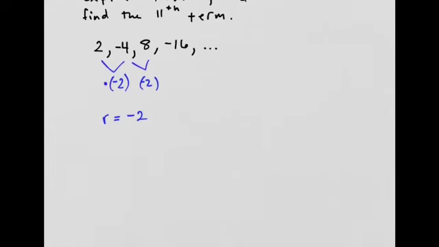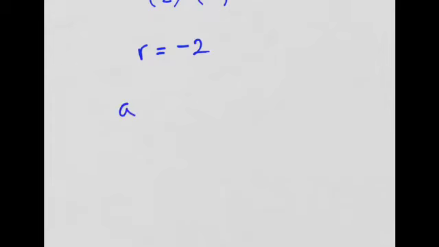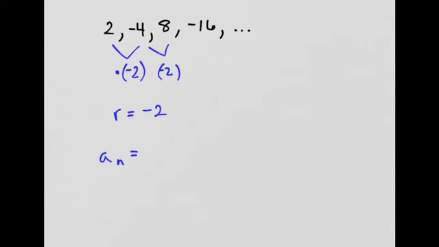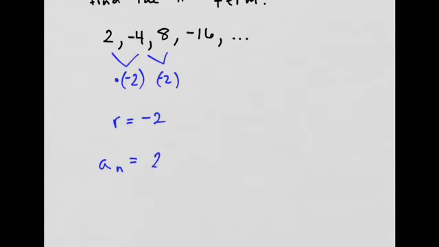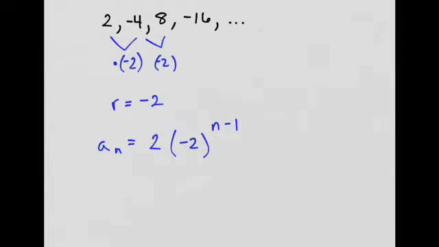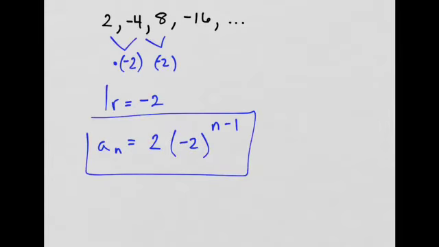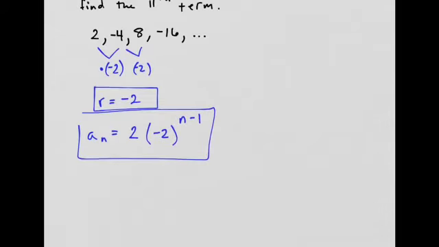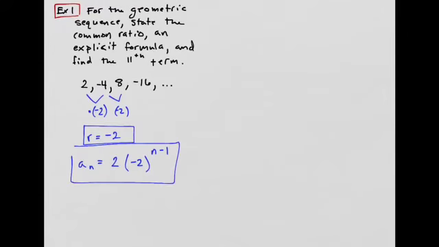Okay, find the explicit formula. So A sub n equals the first term. What's the first term? 2 times -2 to the n minus 1. So we have 2 parts of our answer, R and the formula. It's fairly simple, right? And then the last step is what? Based on the question, we need the 11th term, so we plug in 11.